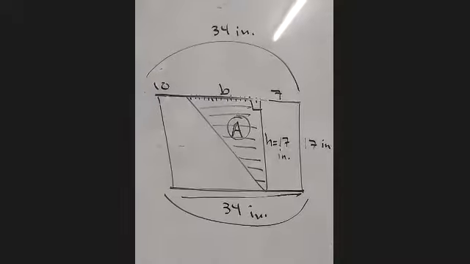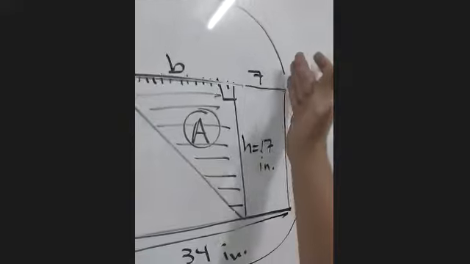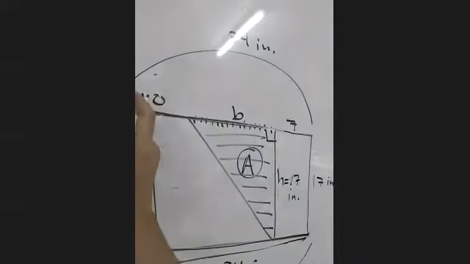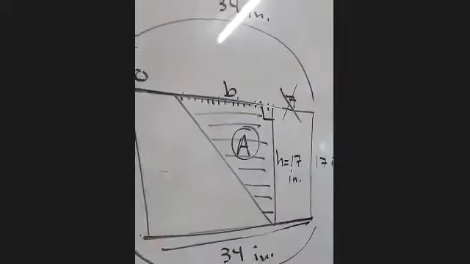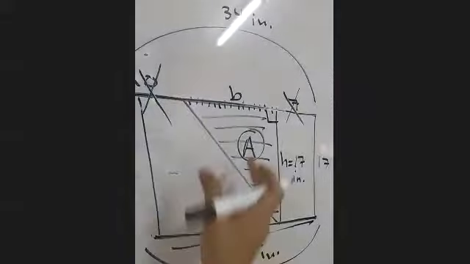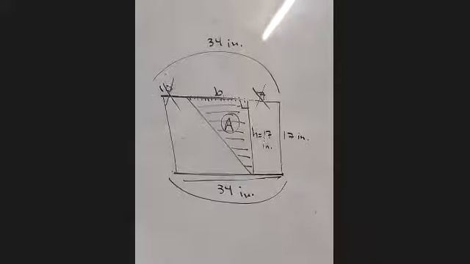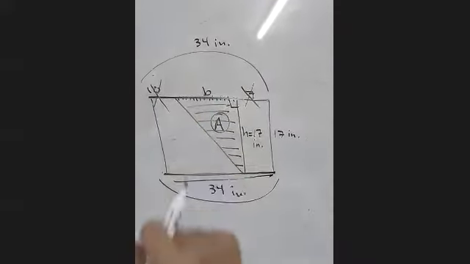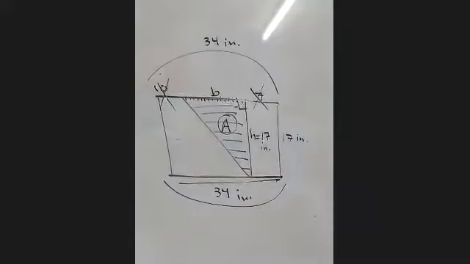The whole from here to here, how much? 34. Good. I don't want the 7 and I don't want the 10. I want the base only, and the whole is 34. Still how much for the b?